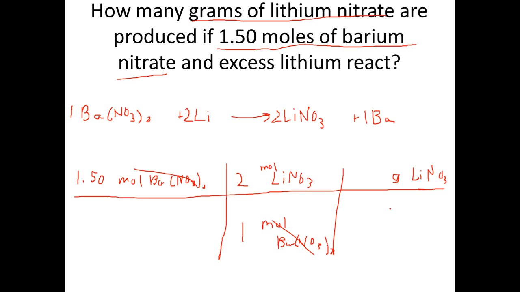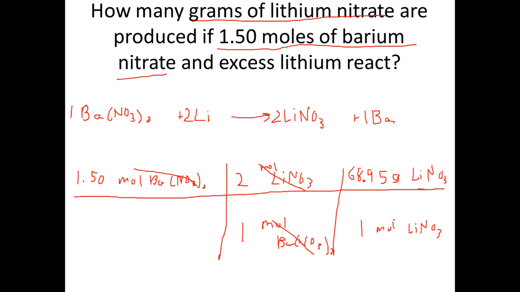And now we need to see how many grams 2 moles of lithium nitrate gives me. So 1 mole of lithium nitrate has a mass of 68.95. Now all I did was I took 1 lithium and 1 nitrate and added those up from the periodic table, and that's where I got 68.95.